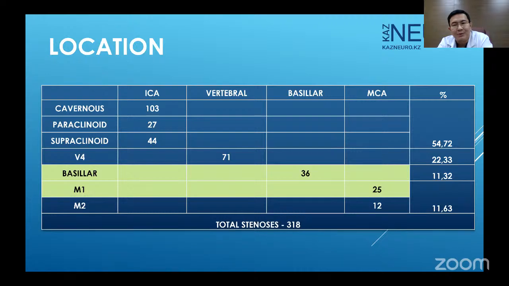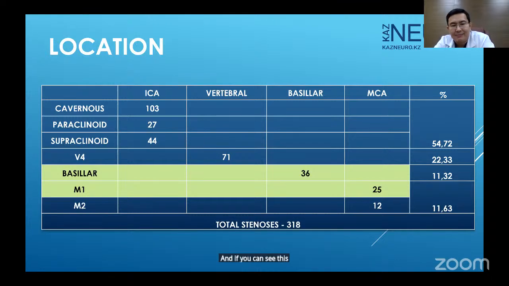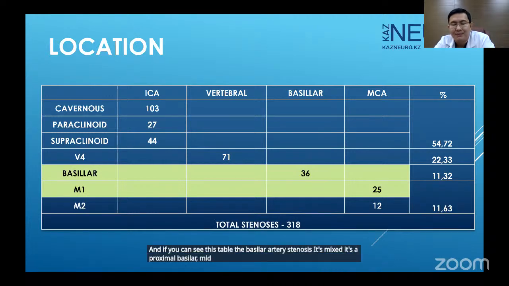And an important point is the location of the stenosis. If you can see this table, the basilar artery stenosis is mixed: proximal basilar, mid-basilar, and distal basilar, but half of the cases are proximal basilar and mid-basilar, and fewer distal basilar.